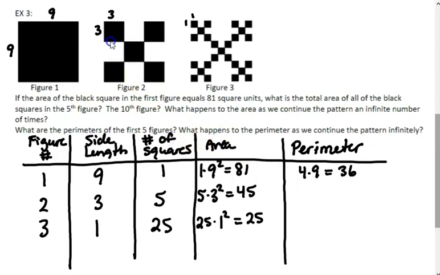In the second one, the perimeter is 4 times 3 for 1 square, but I have 5 squares. So it's 5 times 4 times 3. 20 times 3 is 60, so the perimeter is 60 units long. In the third one, my perimeter is 4 times 1, so the perimeter of 1 square is 4, but I have 25 squares, so it's 25 times 4 times 1, which is 100.